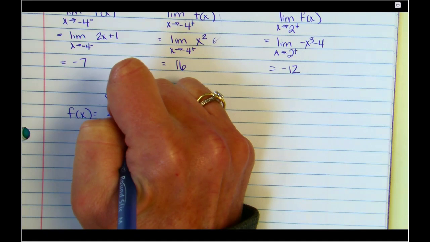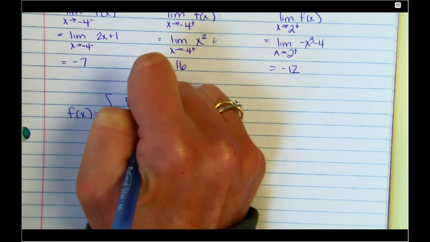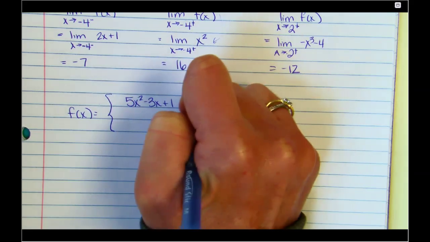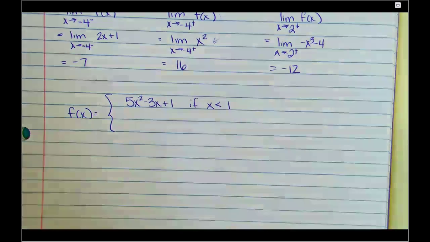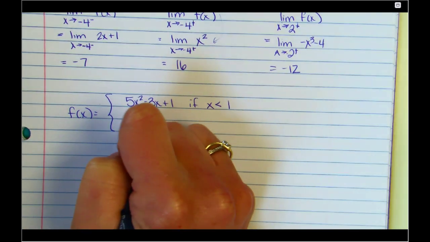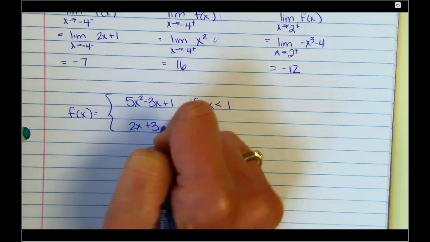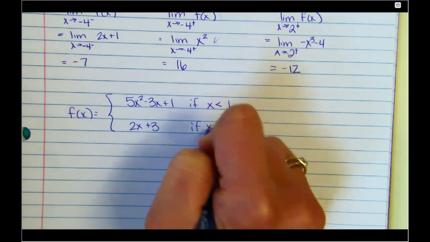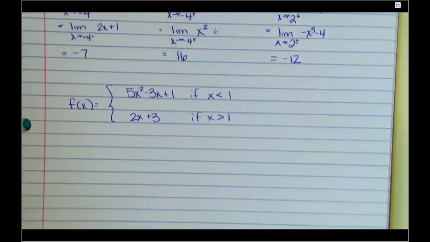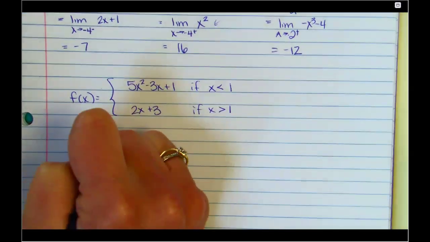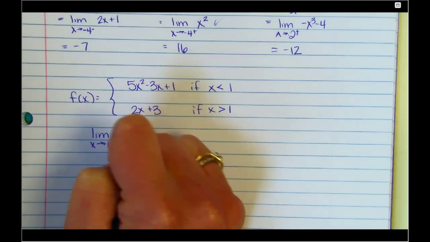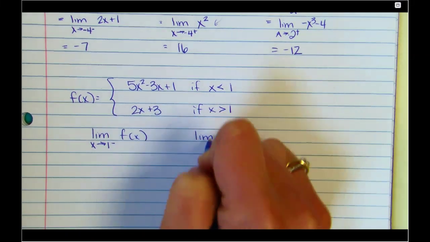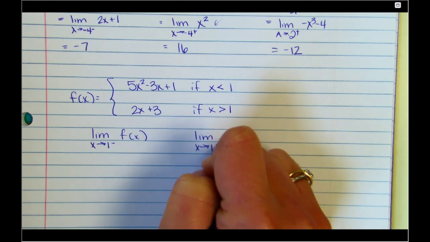So let's go: 5x squared minus 3x plus 1 if x is less than 1, and 2x plus 3 if x is greater than 1. I'd like you to find the limit as x approaches 1 from the left, and the limit as x approaches 1 from the right, please.